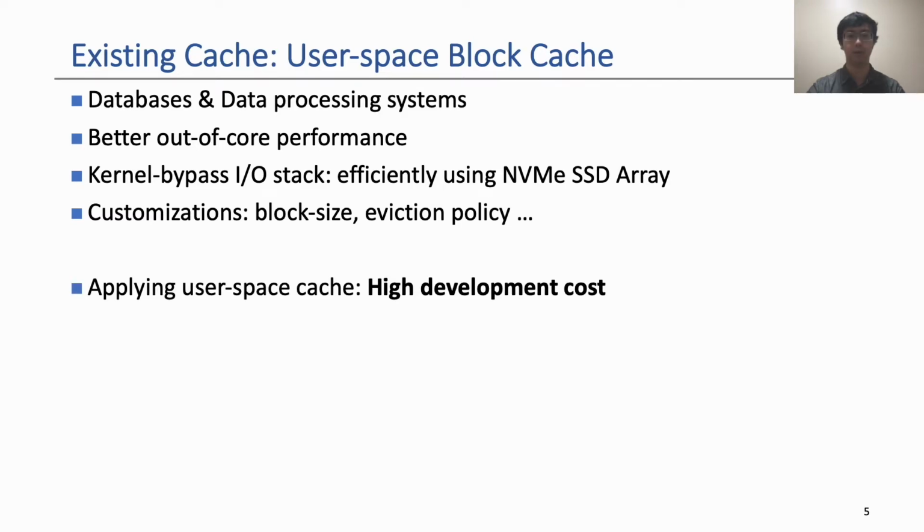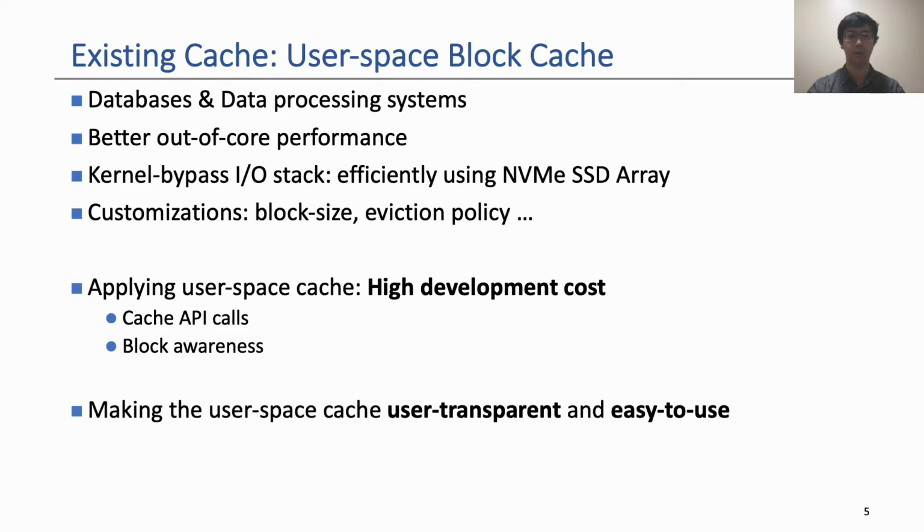However, applying a user space cache to in-memory programs brings high development costs. Users have to rewrite entire programs based on cache API calls, and they also need to be aware of blocks, manually check the block boundaries, and merge software cache lookups on the same blocks, which is costly.